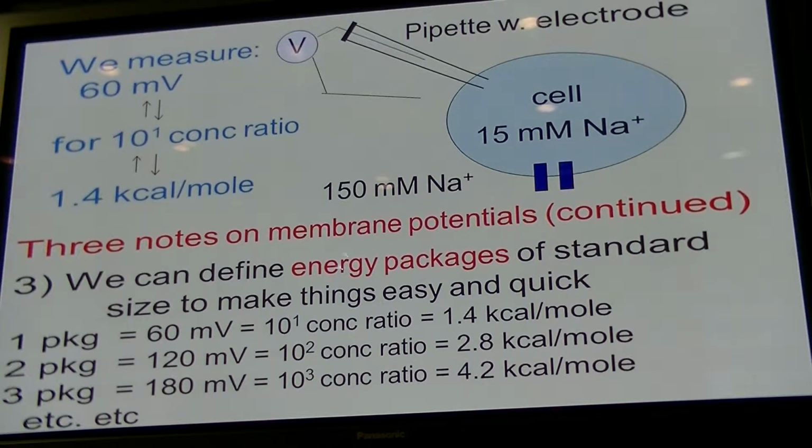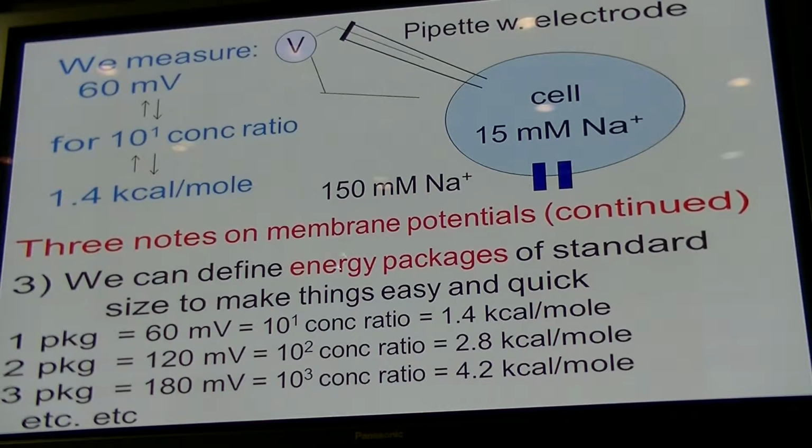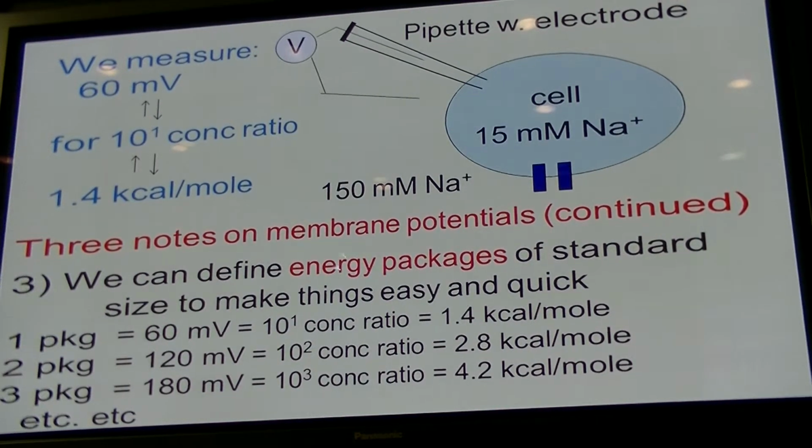And when we think about 300 Kelvin, 27 degrees, it is also 60 millivolts. So these three things, 60 millivolts, 10 to the first concentration ratio, and 1.4 kilocalories per mole, that's the same. It's all energy, the same package of energy. It's all currency that the cell can use.